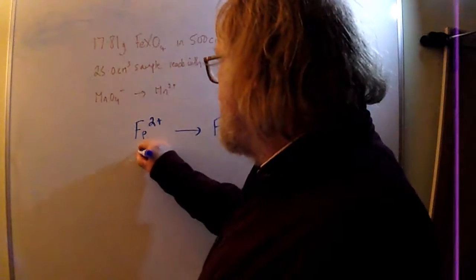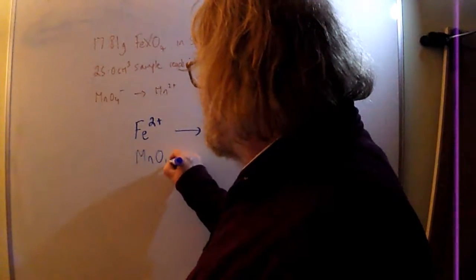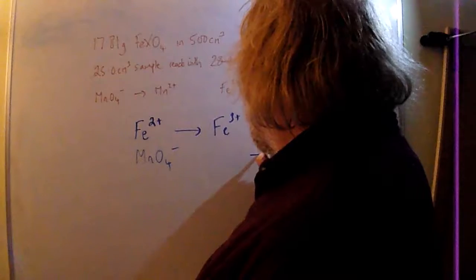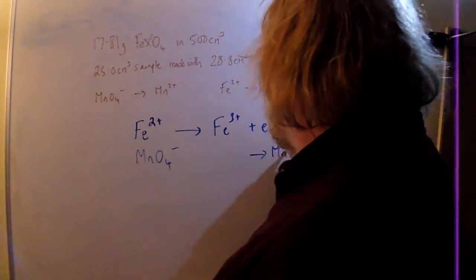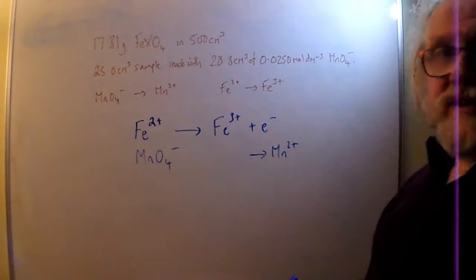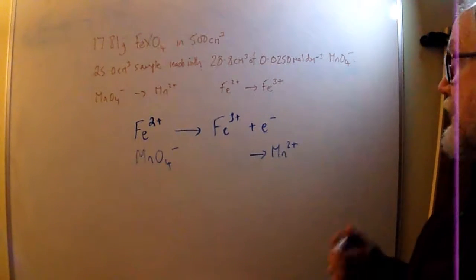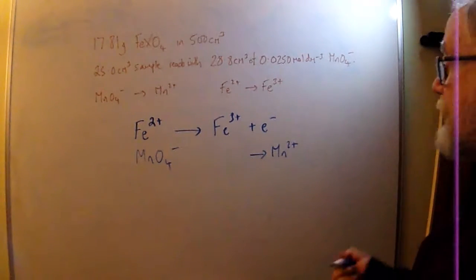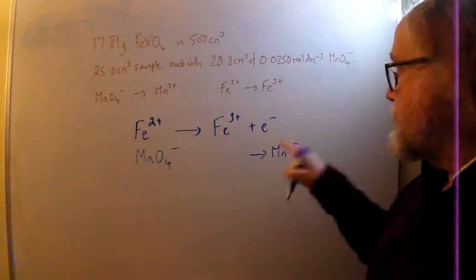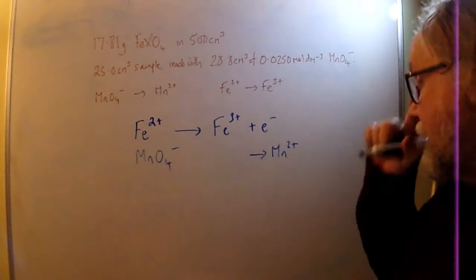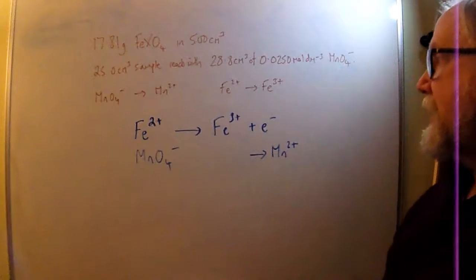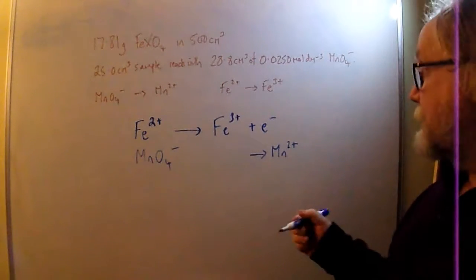So we got MnO4 minus, and it tells us in the question that it goes to Mn2 plus. So you just follow the standard recipe for half equations. You balance, first of all, the elements that aren't hydrogen and oxygen. Well, manganese is already balanced, so that's fine. Then you do the oxygens, and you do that by putting waters in to balance them up.